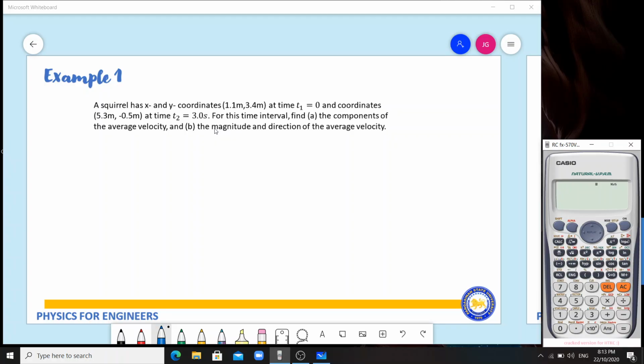For this time interval, find the components of the average velocity A and B, the magnitude and direction of the average velocity.